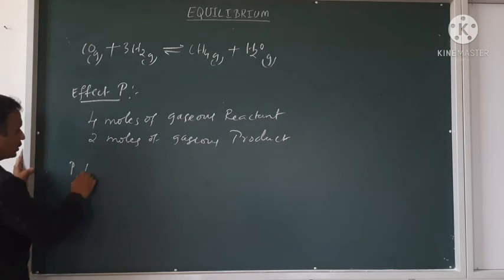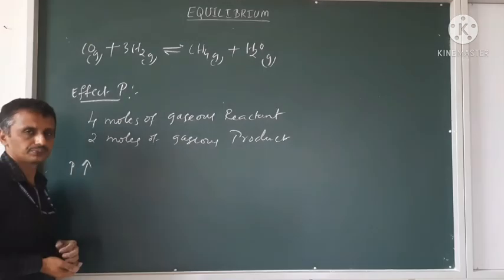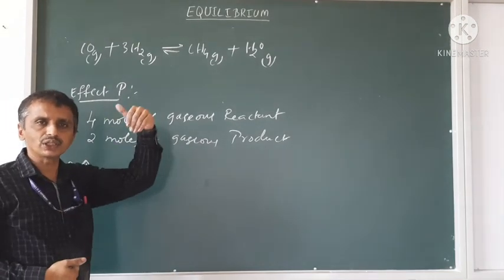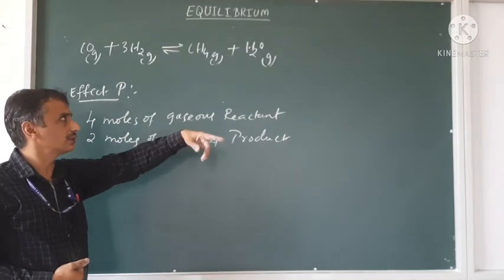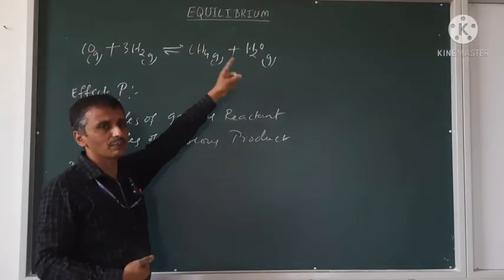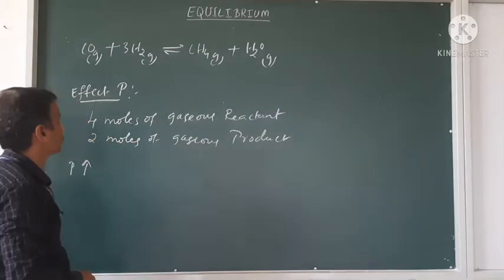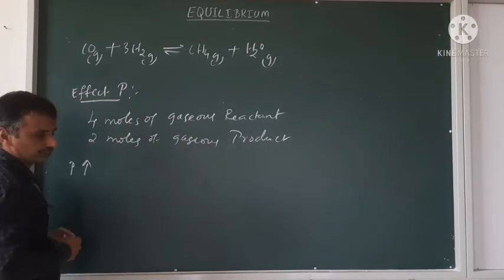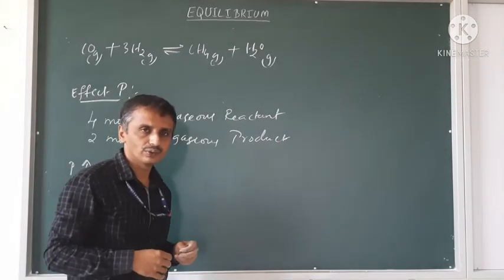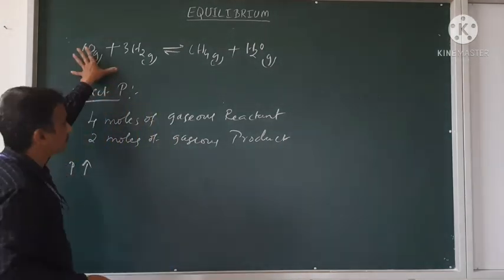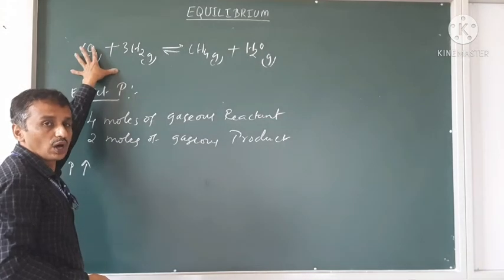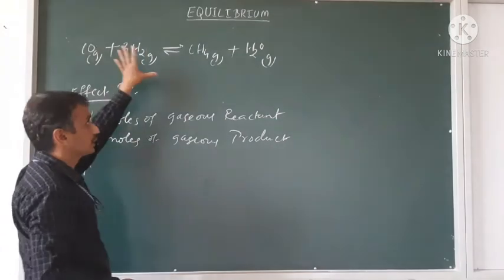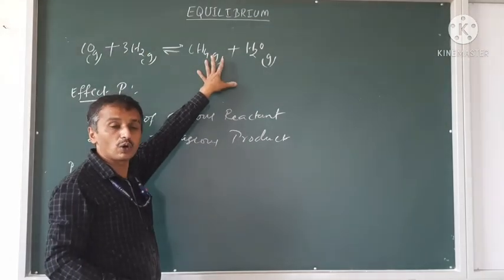So if the pressure is increased, the reaction tries to decrease the pressure by decreasing the number of moles. 4 moles going to 2 moles is a decrease in the number of moles. Why? See here, the volume occupied by 4 moles will not be occupied by 2 moles.